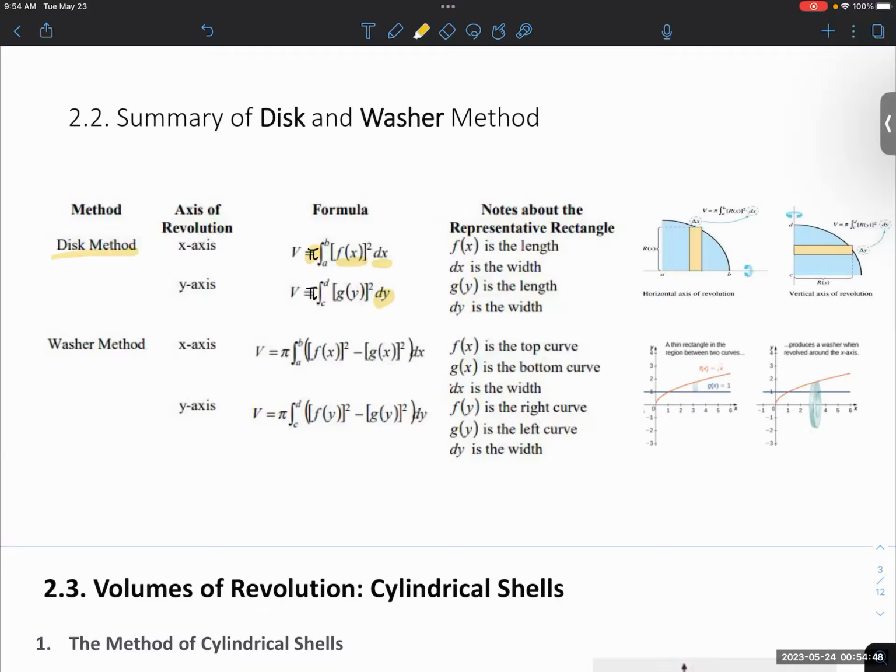You're going to find the cross-sectional image, which is a circle. The difference between washer and disc is that for the washer method, we are going to have two functions and you're going to rotate the two functions at the same time so that there is a cavity, a hole, between the two functions because you're rotating them at the same time.